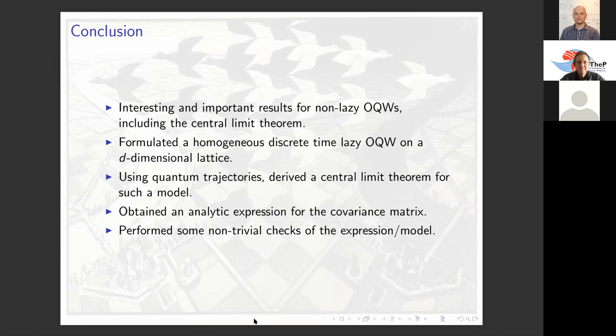It'll be nice to understand what they've done and try to generalize that to the lazy case, because ultimately, as was shown in that microscopic derivation paper, any microscopically derived open quantum walk necessarily must be lazy, right? It must have the self-jumping term. So that would be a nice generalization to proceed with.